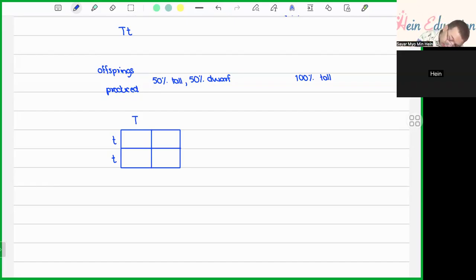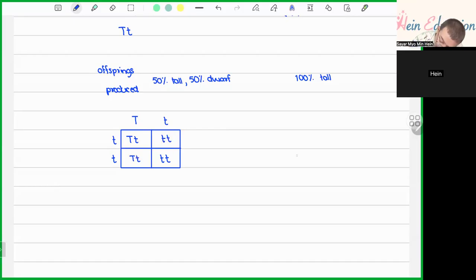To be dwarf, it should be small t, small t. So one small t is coming from the dwarf that we already knew, but where is the other small t coming from? It should be coming from the unknown, whether they are homozygous dominant or heterozygous dominant. So now we can be sure that would be small t. So we get capital T, small t, small t, small t, capital T, small t, like that.